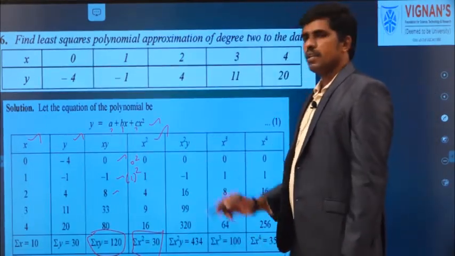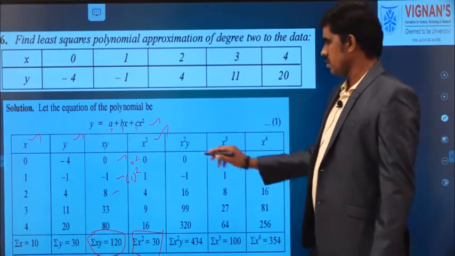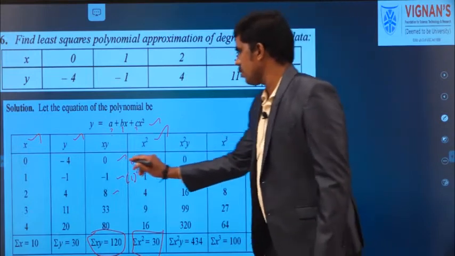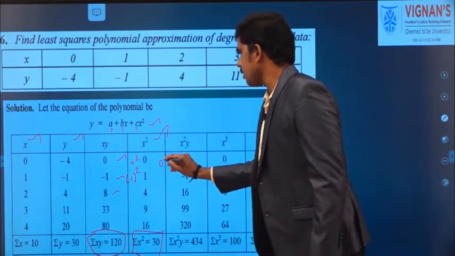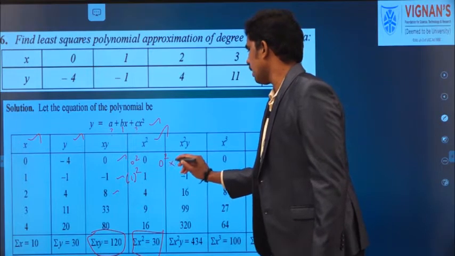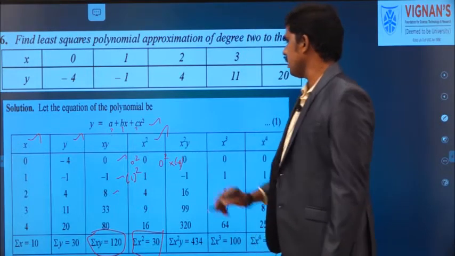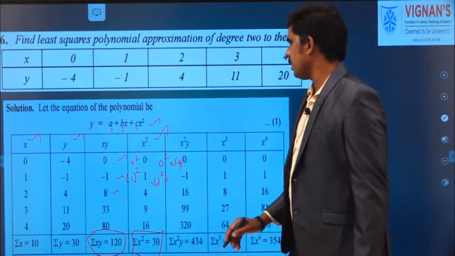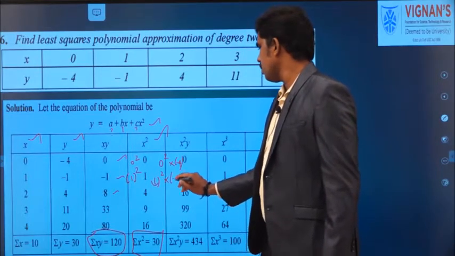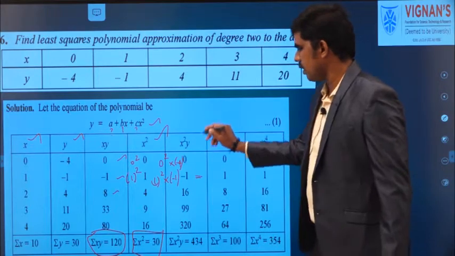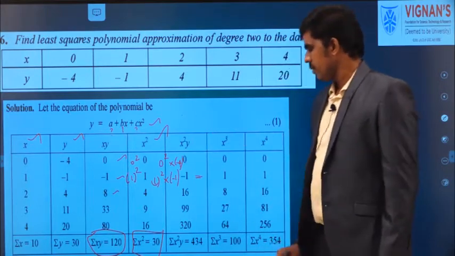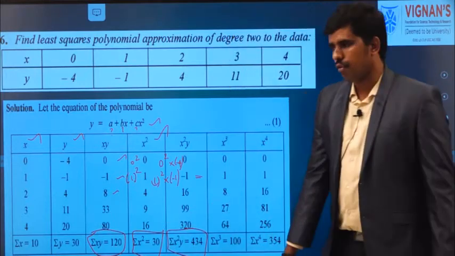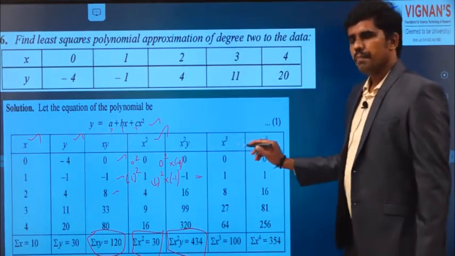Then the mixed term, x square into y. 0 square into corresponding y, which is minus 4, gives 0. 1 square into corresponding y, minus 1, gives minus 1. In this way you find x square y. So summation x square y I am getting 434.